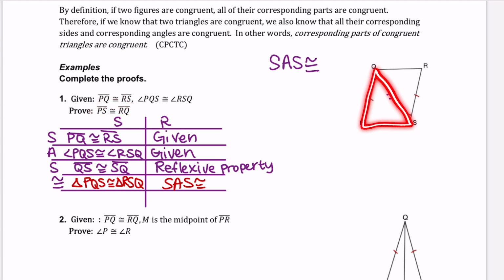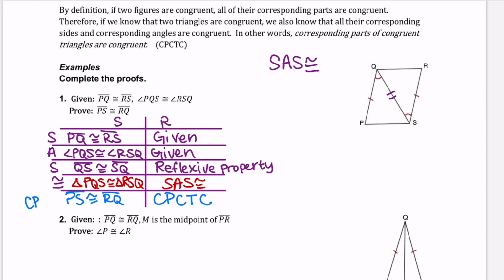Since these two triangles are exactly the same, the corresponding parts are the same. So the triangles are the same, so PS has to be congruent to RQ. And that is because corresponding parts of congruent triangles have to be congruent. So we can do our side angle side, then our congruency statement, and then at the end we're going to use CPCTC.